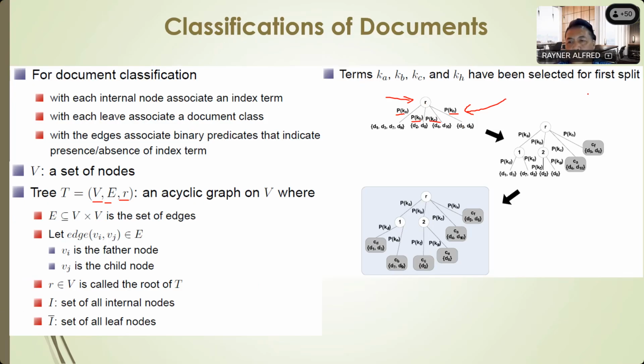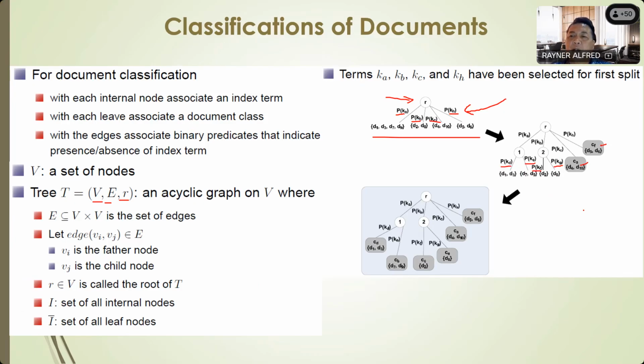For instance, if we use the keywords A, B, C, H, we only have this label, and then we further split them using keyword D, keyword E, and keyword F, G, and so on, and CA and CF.